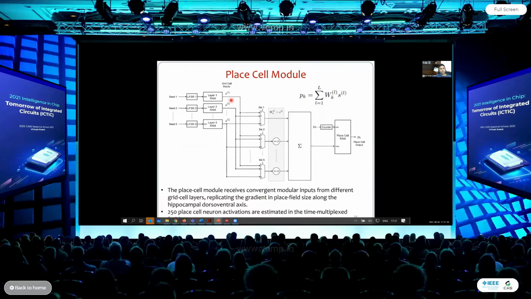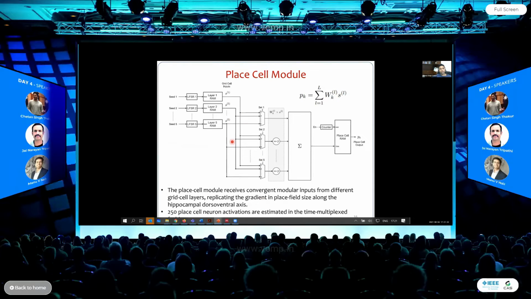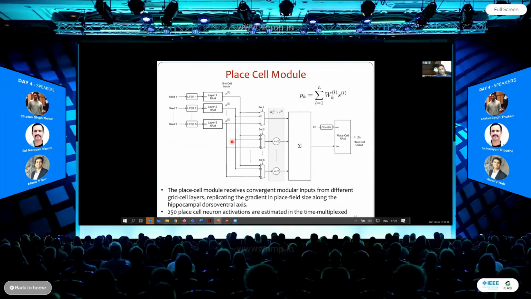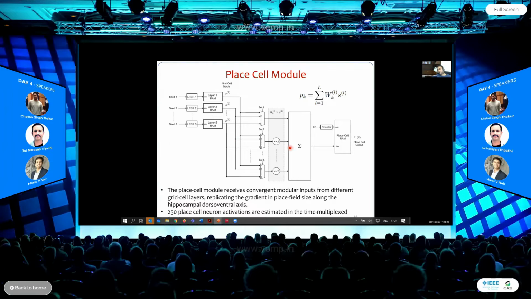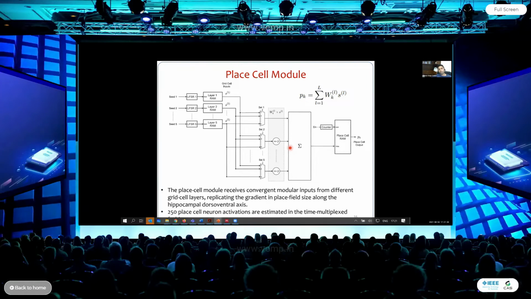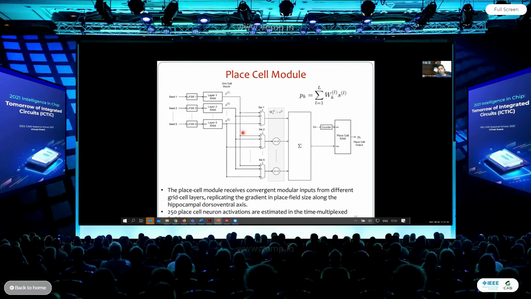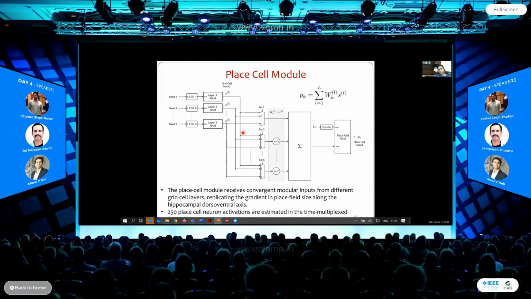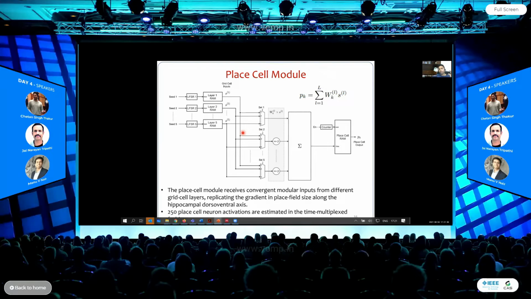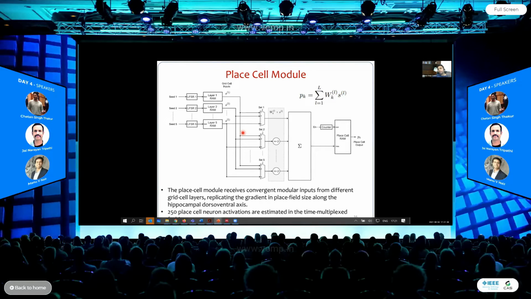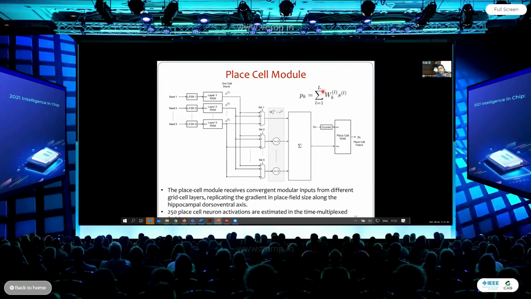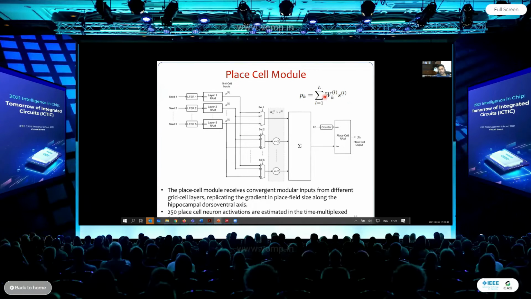And then you have the place cell module, where you take the inputs from the grid cells. In our architecture, we use 250 neurons as place cells, and each neuron receives one input from each grid layer. So we have 5 grid layers, and one particular place cell takes the input from each grid layer, which is then linearly added to generate the place cell activation.